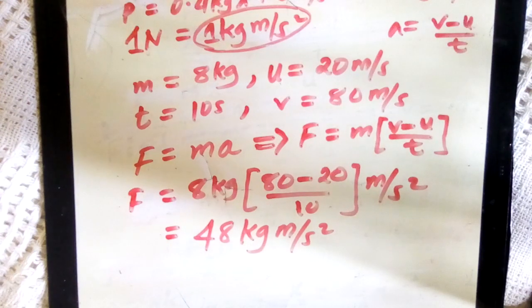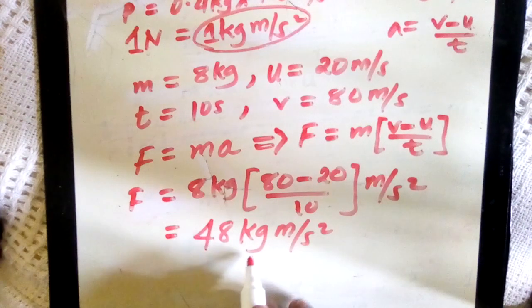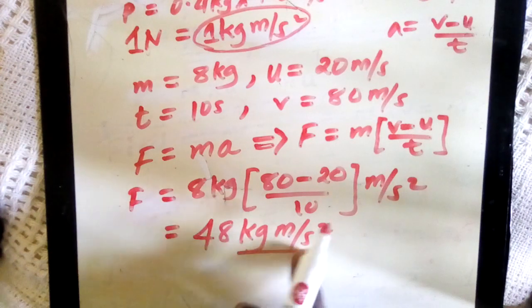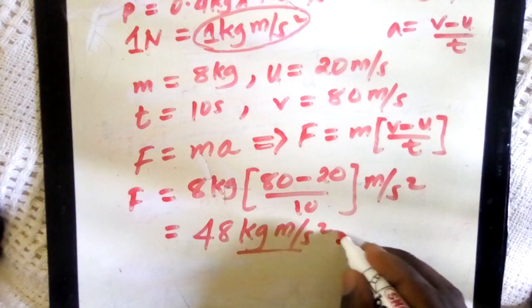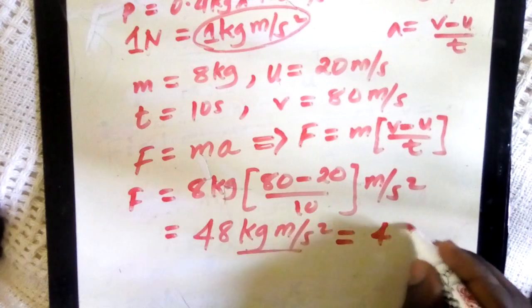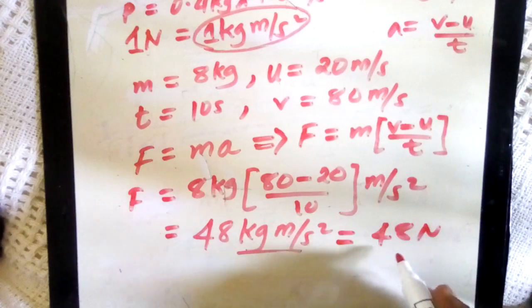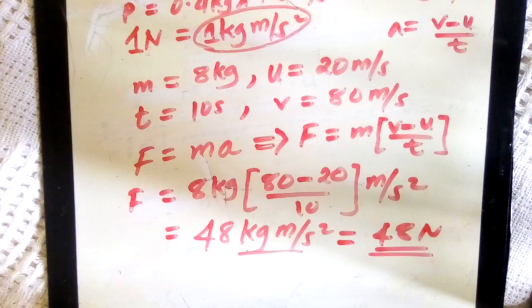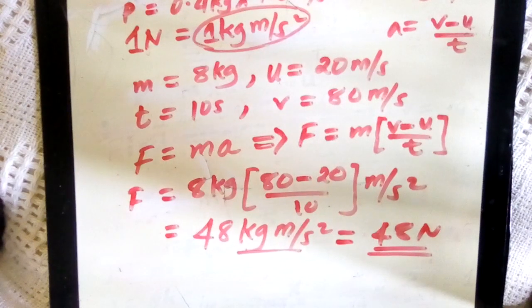So we can replace this unit with the newton. So this is basically 48 newtons. Pretty simple. So this is the way the force can cause things to accelerate.